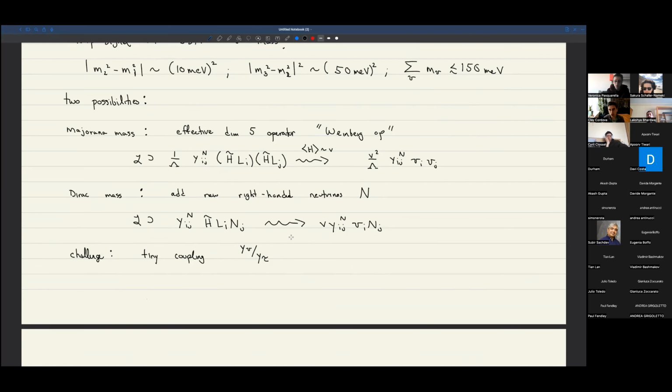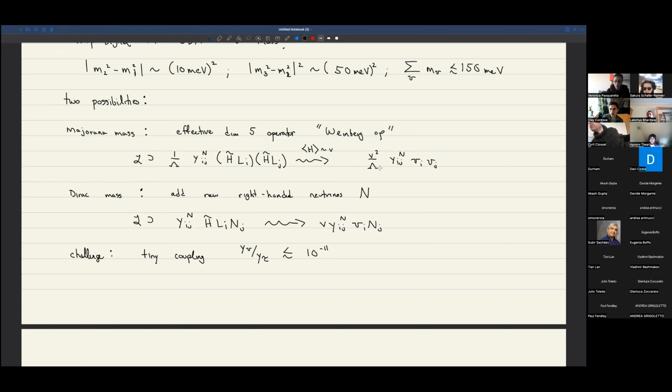So the y of some neutrino mass divided by the y of a charged lepton field. Let's make it the heaviest to make it the most obvious. Let's say the tau lepton. And this should be roughly of order 10 to the minus 11, to match onto the numbers that we know. So especially in the Dirac mass case, this is a quite sharp challenge.